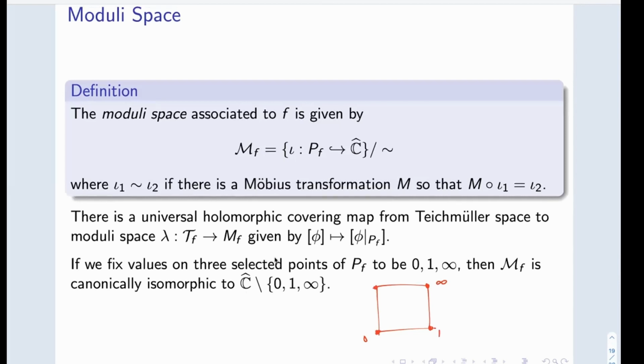The reason being that, if I declare that A, B, C get mapped to specifically 0, 1, infinity, well, that uniquely determines a Mobius transformation. Okay, so the way this isomorphism works is it's going to send this 4th postcritical point to whatever the image under that Mobius transformation is, and that's going to be a point in this set here. Okay.